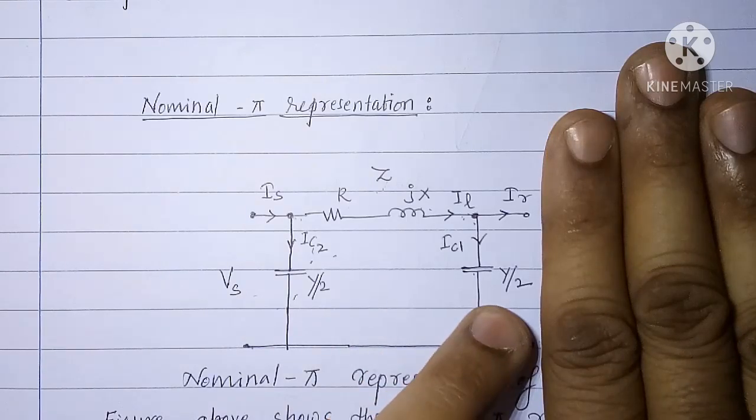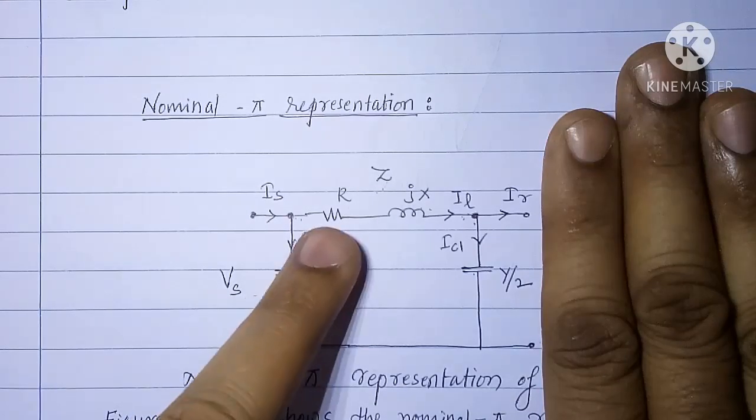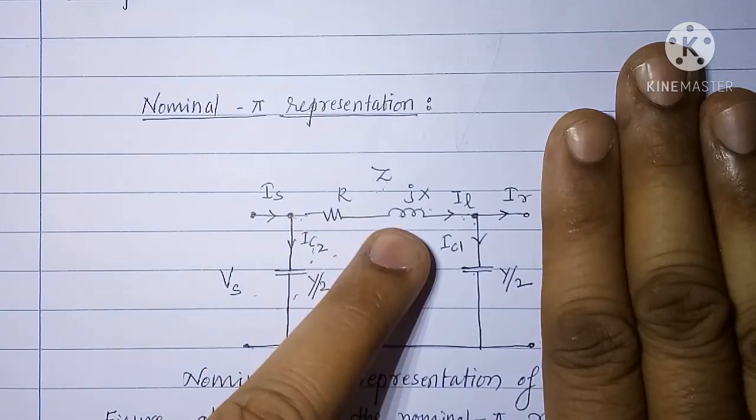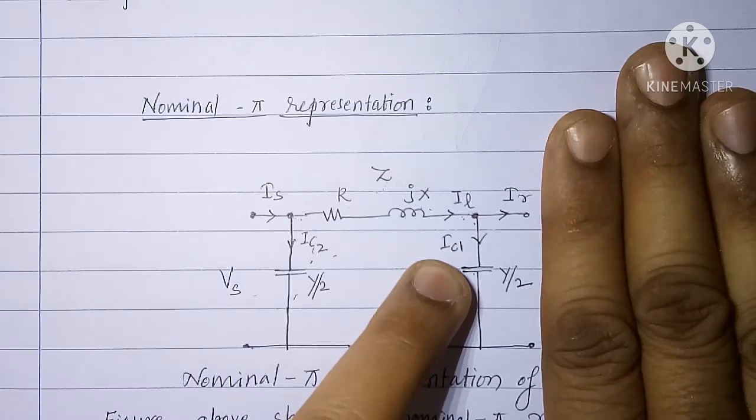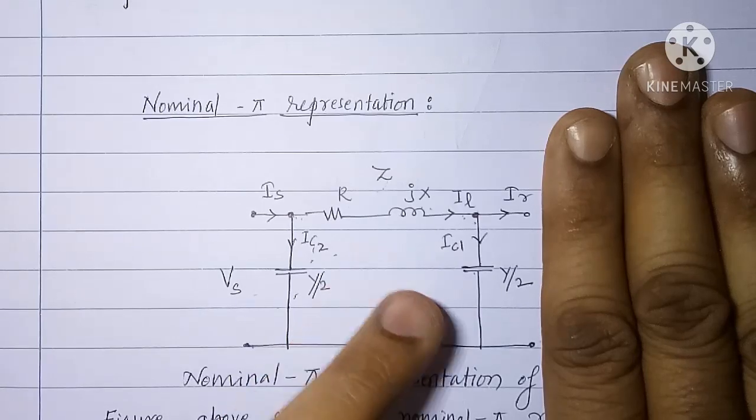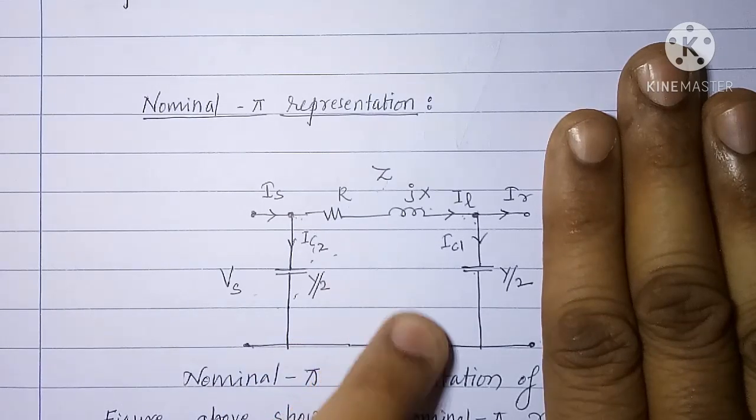So voltage across Y by 2 may be now calculated as Vs divided by R plus Jx minus 2j by omega c, into minus 2j by omega c.